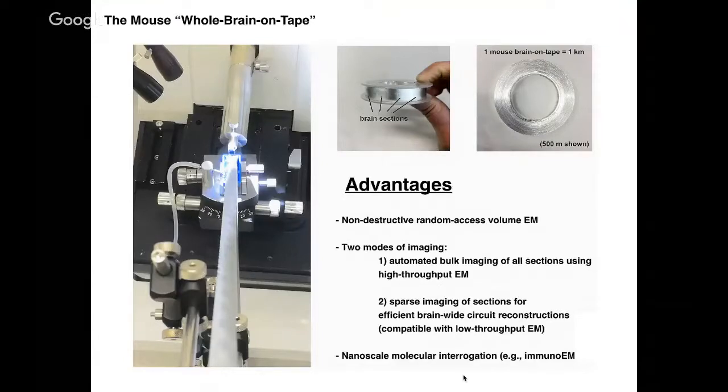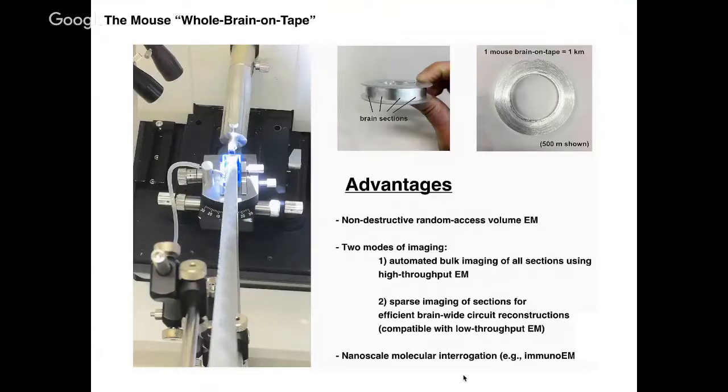And you can see a whole brain used in the sample holder. The upper middle image is just a collection of these brain sections. I ended up cutting about 6,000 consecutive sections at 80 nanometers, which is about 5% of the mouse brain. And I collected all of those on tape.